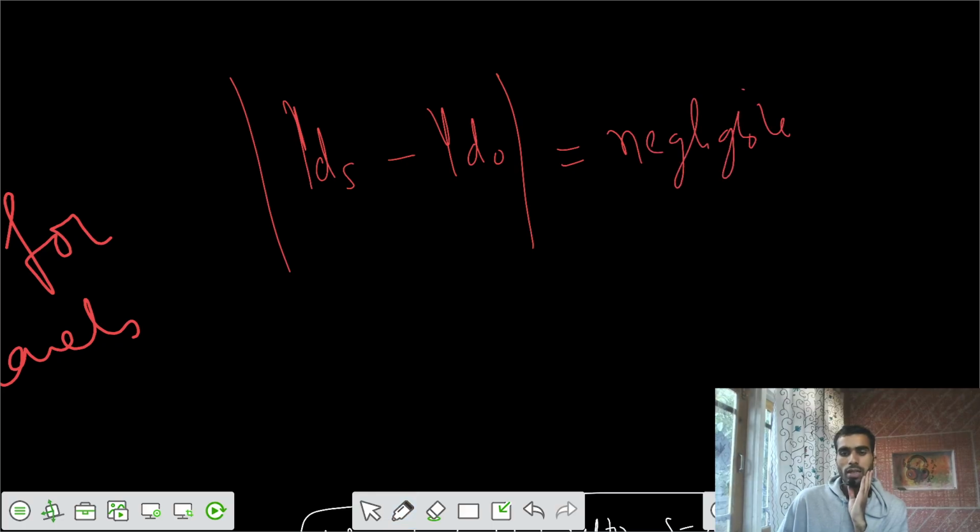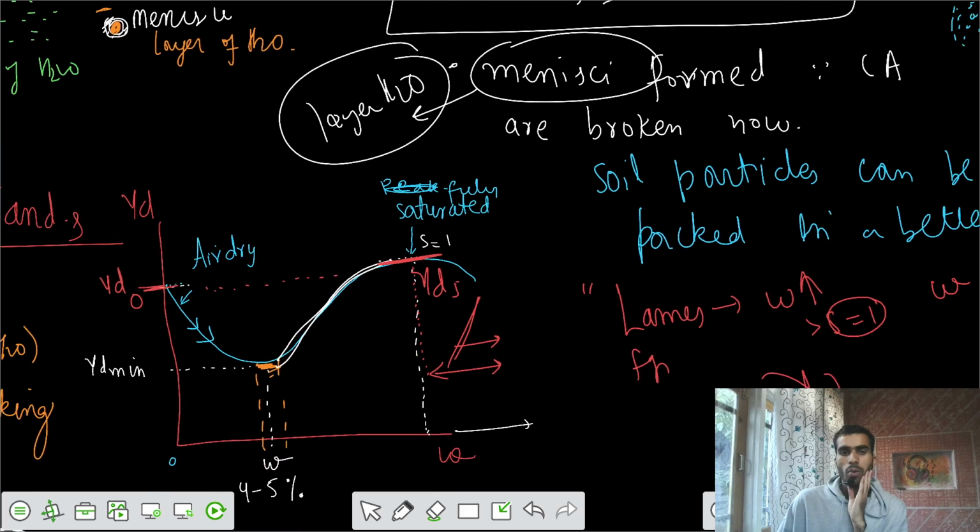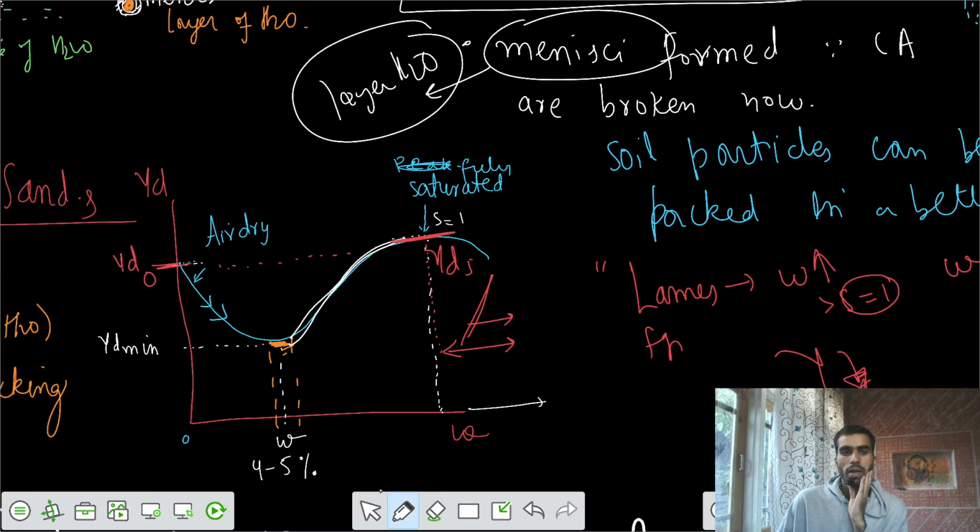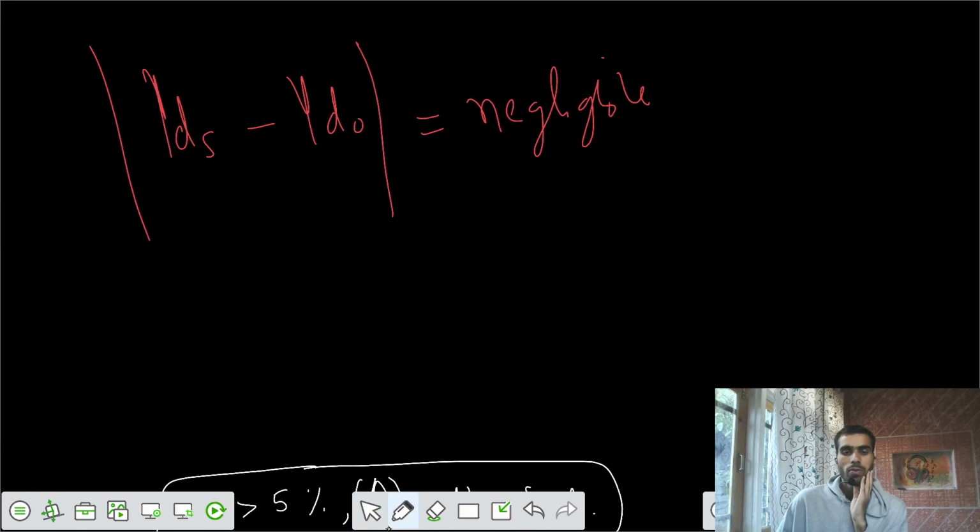What this means is that we can compact the soil either if the soil is in dry condition, or such that it's completely saturated, fully saturated. So for the sands, we compact the soils by vibration.